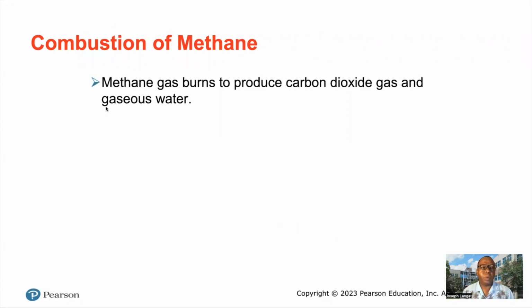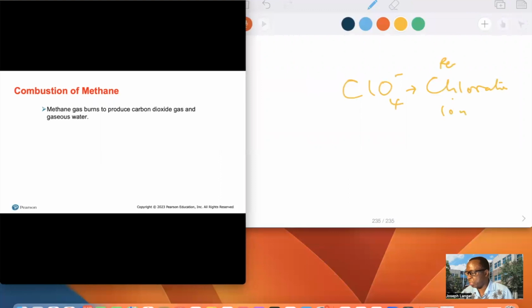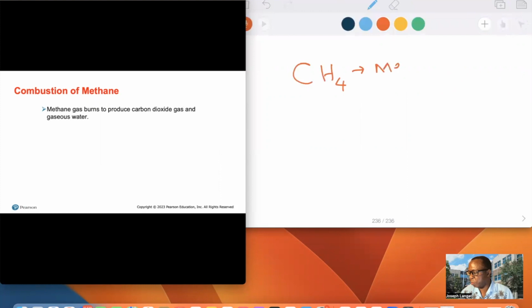Well, you see most problems at the end of the chapter think about combustion. Combustion is burning in oxygen. And methane, by the way, you should be able to write the formula for that. Methane is CH4. If you don't know what methane is, you'll be at a loss. Methane gas burns to produce, and when we say burns, that means it's in oxygen.